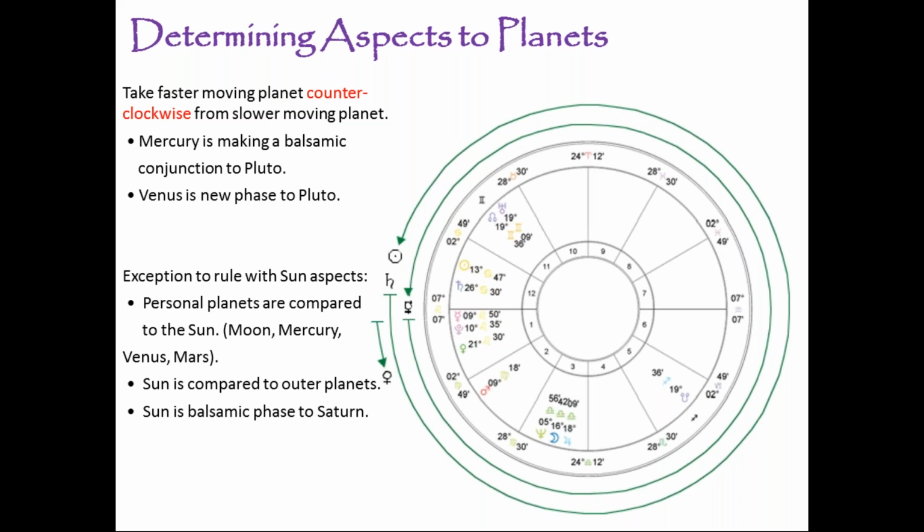An exception to the rule for Kim Marie is that I compare the Sun to the outer planets. And I do that because of a geocentric or Earth-centered perspective and 20-some years of doing astrological forecasting and watching that Sun move faster than those outer planets.